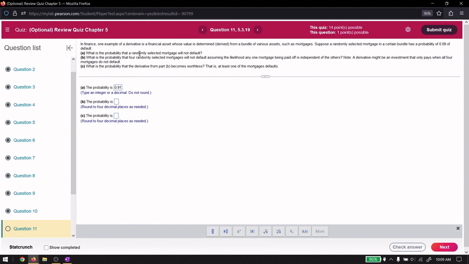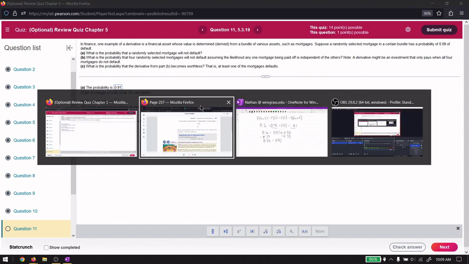So really, if we have 4 randomly selected mortgages that will not default, and if 0.91 is the probability that a single one will not default, then for 4 of them, it's going to be 0.91 times 0.91 times 0.91 times 0.91, 4 times total.